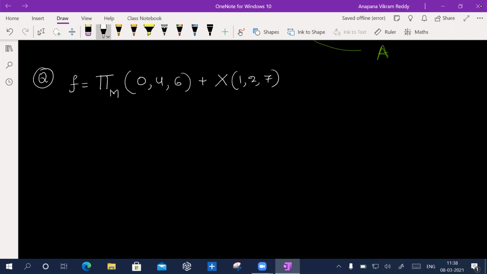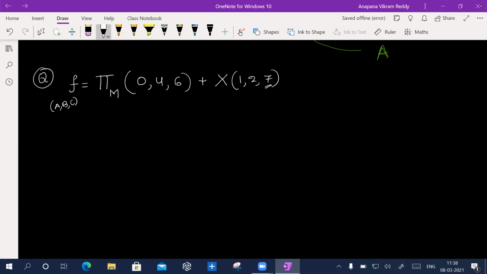So what is the largest digit you have? 7. So how many variables can we take now? 3, sir. Very good. So we can take 3 variables, say f of ABC, where ABC are 3 variables.